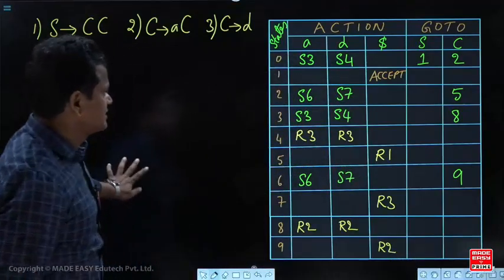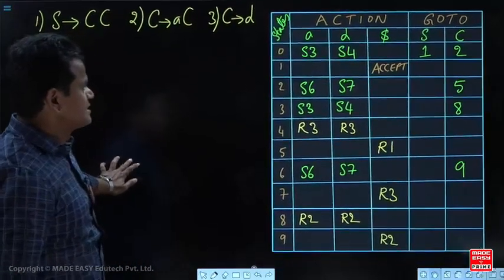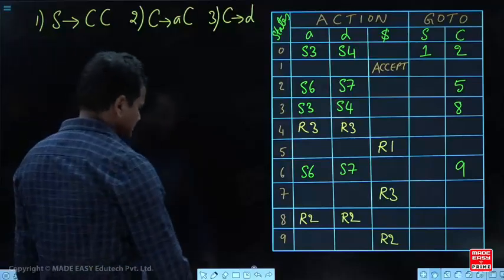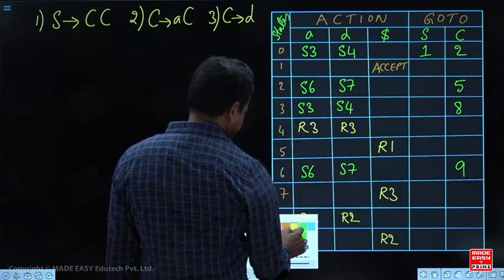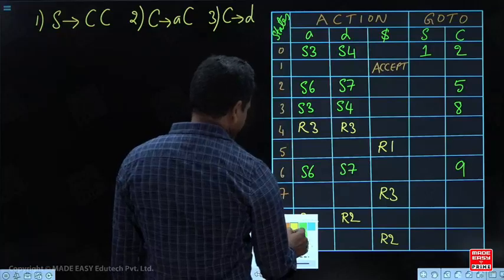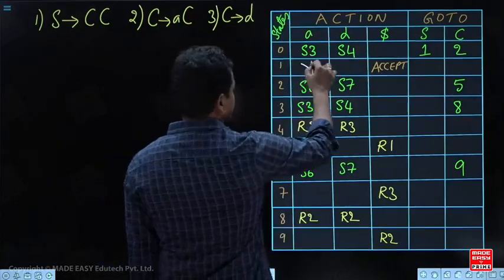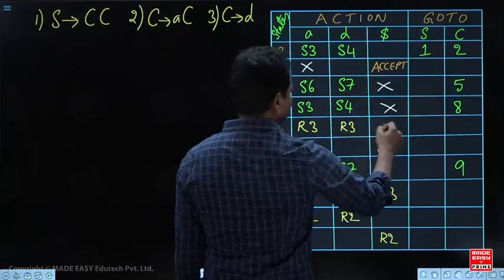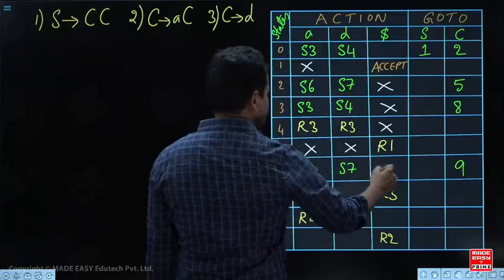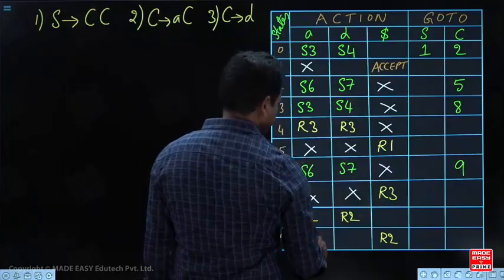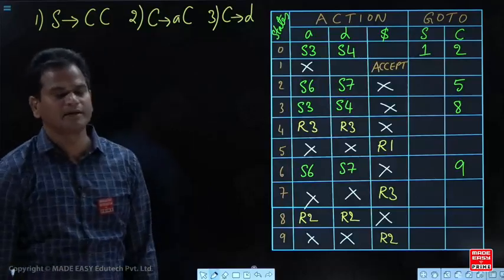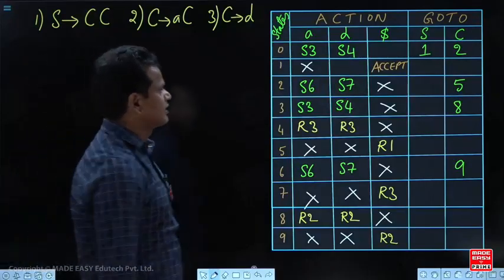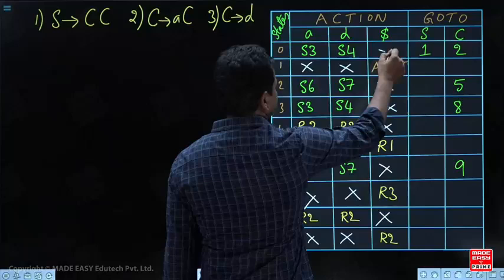That's it, guys. This is the final table. And we can see some unfilled entries here. Whatever the unfilled entries are, these are called syntax errors.